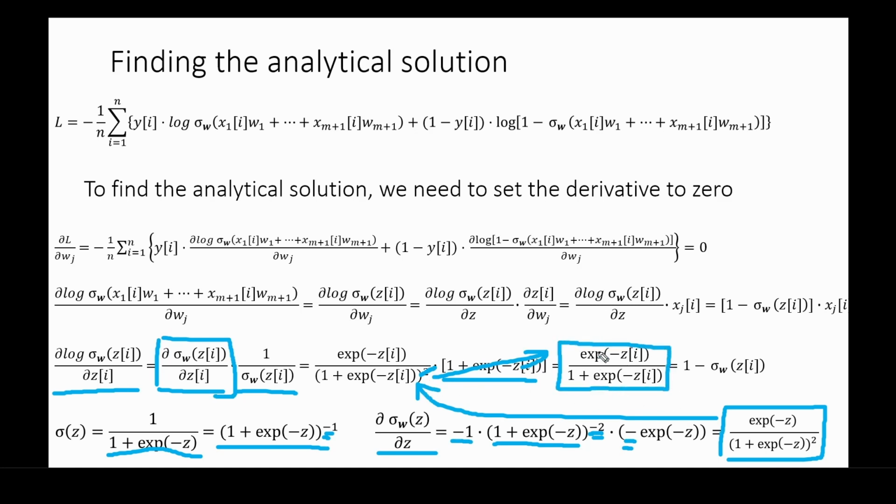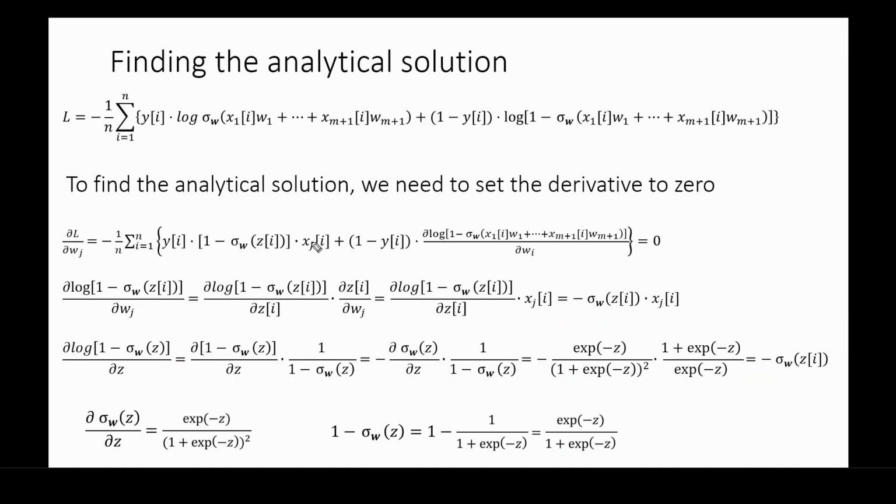And if we do some manipulation, we can see that this term is actually equal to 1 minus the sigmoid function of z. So we can replace this term with this expression here. On this new slide, I already replaced the first partial derivative with the term 1 minus sigmoid function times xj. We now need to focus on this second partial derivative.